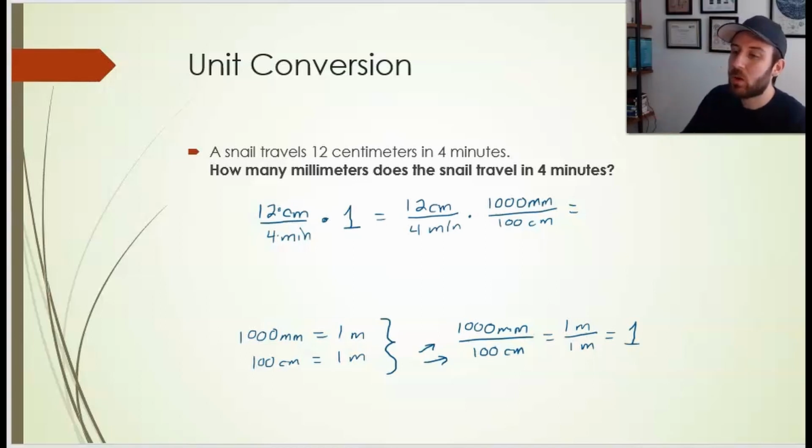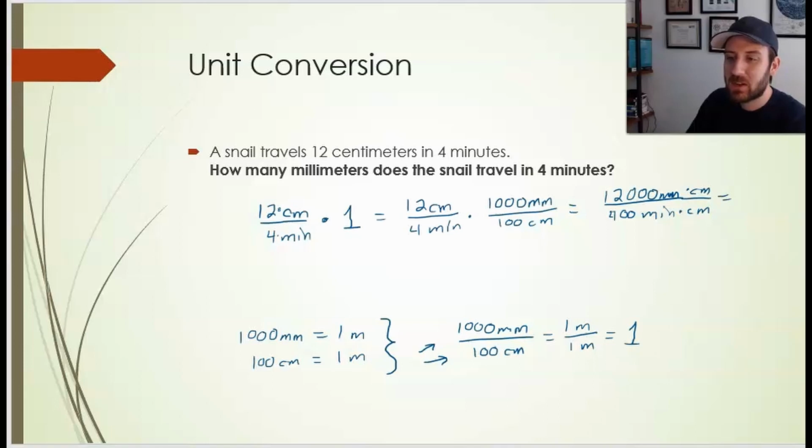So if we now work this through, we will get 12 times 1,000 is 12,000 millimeters. And then 4 times 100 is 400, and that would be, what? Oh, on the top, excuse me, I have millimeters, but I also have the centimeters. Let's carry that on for right now. Millimeters and centimeters. On the denominator, I have 400 minutes and the centimeters.